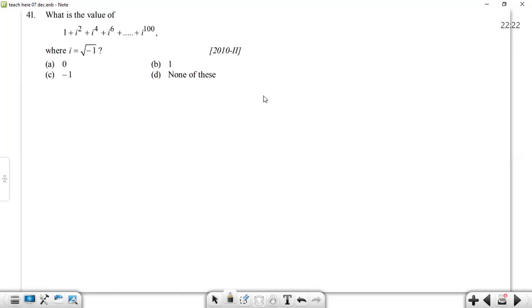Now we have to discuss this question. So, as we know, what is iota? You just tell me these four answers, and I'm going to tell you the full solution of this question.